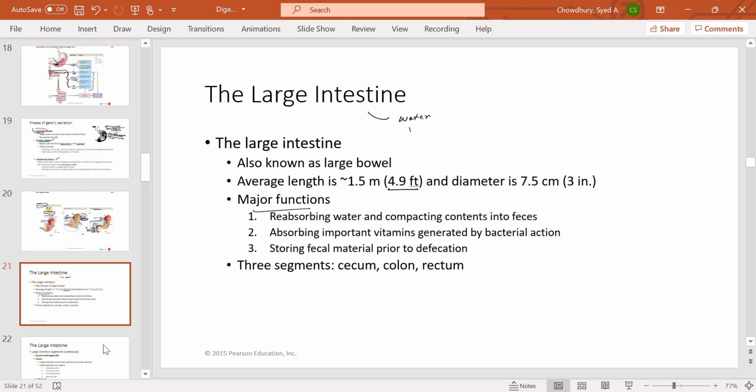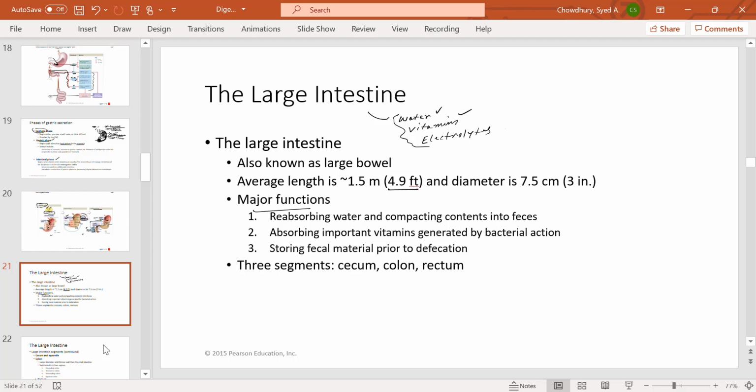So water, vitamins, as well as electrolytes. Okay. Nutrients are mostly absorbed, like proteins, carbohydrates, fats, molecules are absorbed in the small intestine. However, water and vitamins are mainly absorbed in the large intestine.